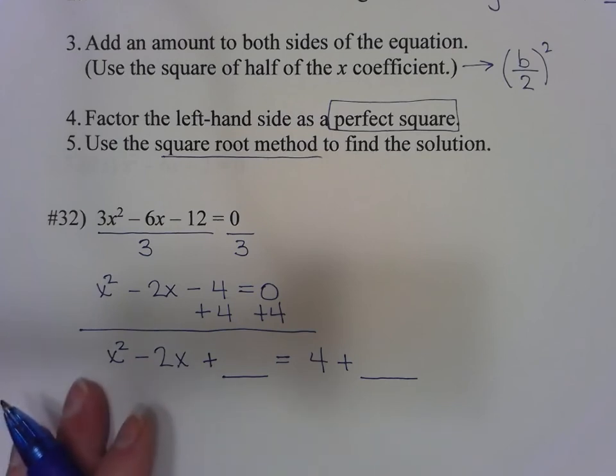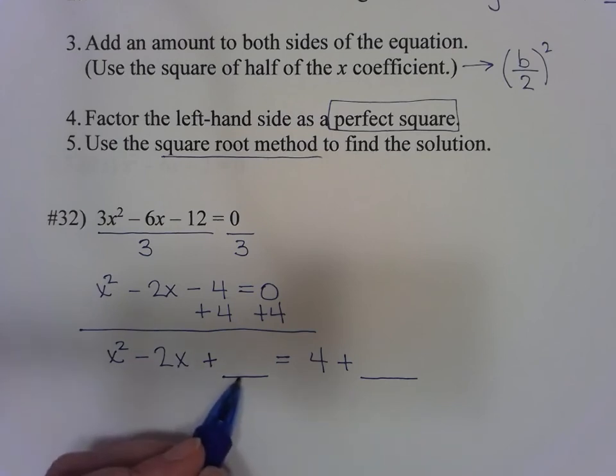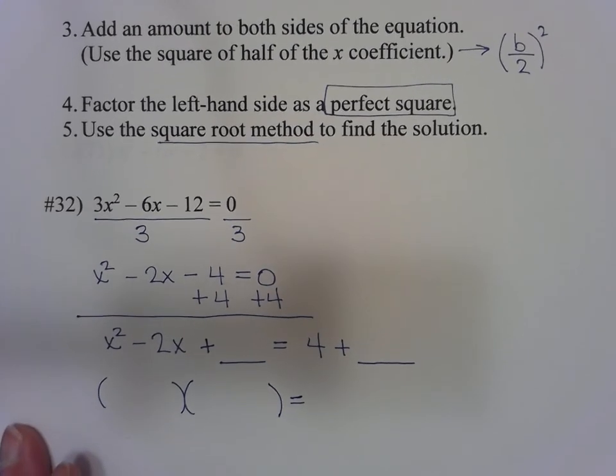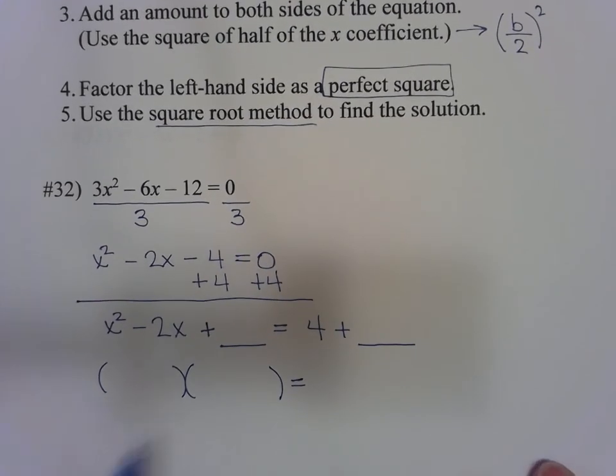Okay, so let me show you 2 ways to decide what number to put in this blank. One way is to think about how it's going to factor. I want to factor this into a perfect square, so I want these 2 parentheses to be equal. I know it's going to be x and x because of my x squared. I don't know what this last number is, but I need 2 numbers that are equal that add up to be -2.